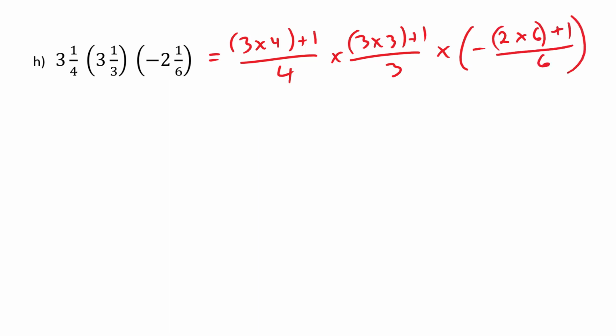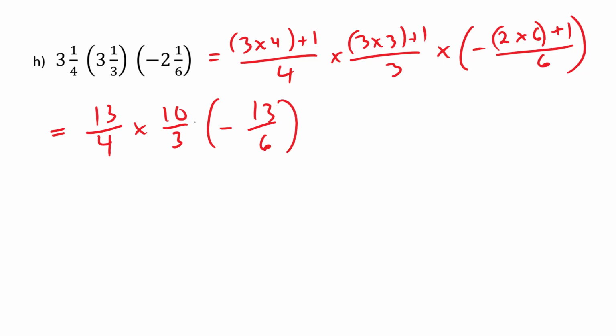Again, watch out for that negative sign. 13 over 4, 10 over 3, negative, 2 times 6 is 12, plus 1 is 13 over 6. Can we simplify anything down here? Yes, we can. I can take a common factor out of 4 and 10. I can take a 2 out.